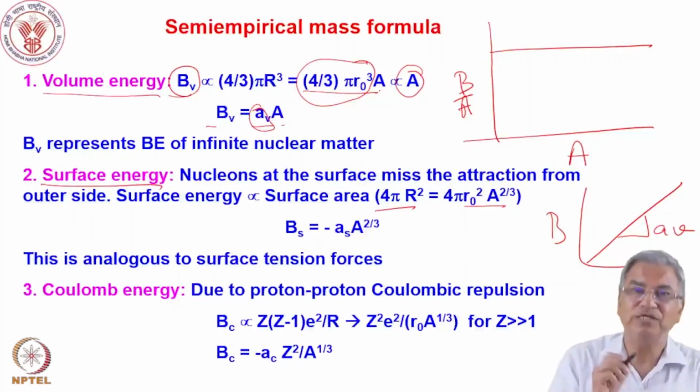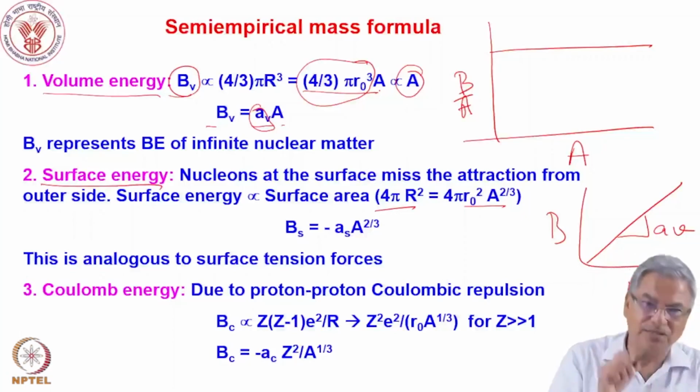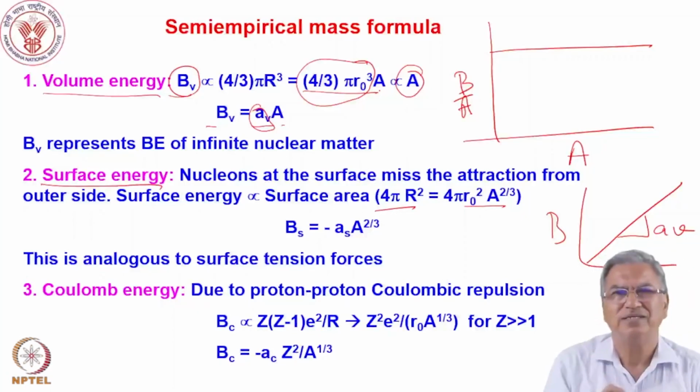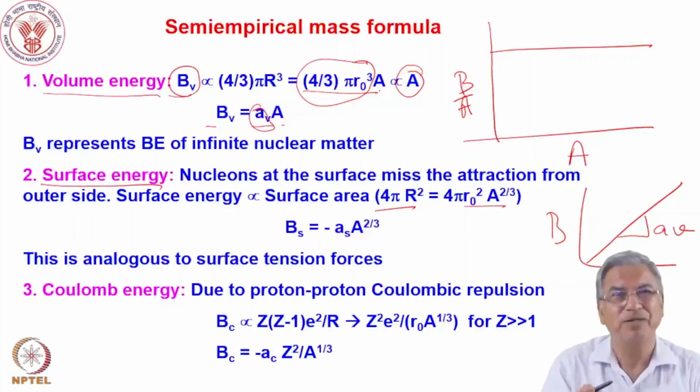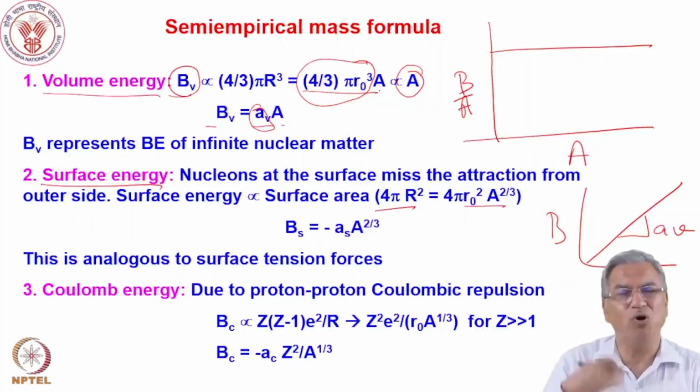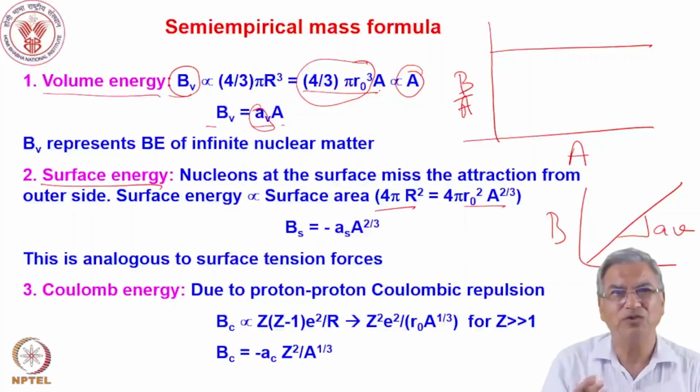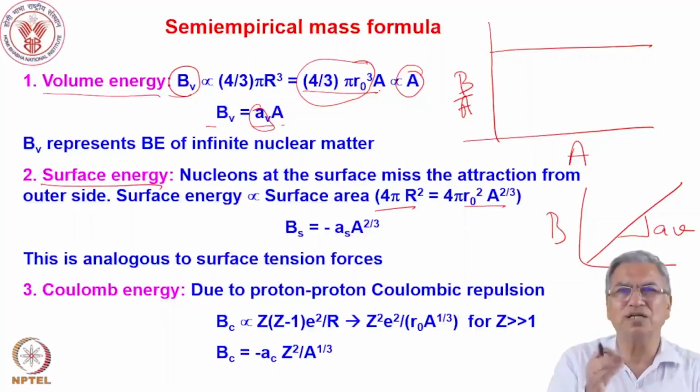Now you see here, the contribution of the nucleons at the surface has already been taken into consideration in the volume energy term. The volume energy term takes care of all nucleons in the nucleus, assuming that there is no surface. So out of those A nucleons, there are a few nucleons which are at the surface. So there is a negative correction to the volume energy because of nucleons at the surface.